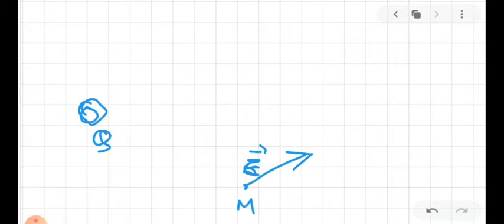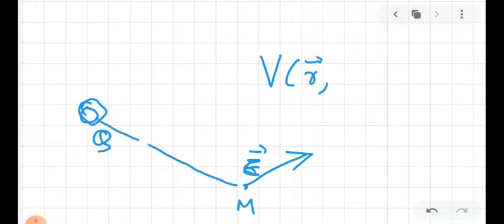Similar to the electric field, I can associate one more quantity at the point M, and that particular quantity is called the electrostatic potential, which itself could be a complicated function of the position vector r, as well as the charge q. So it's a very complicated function.